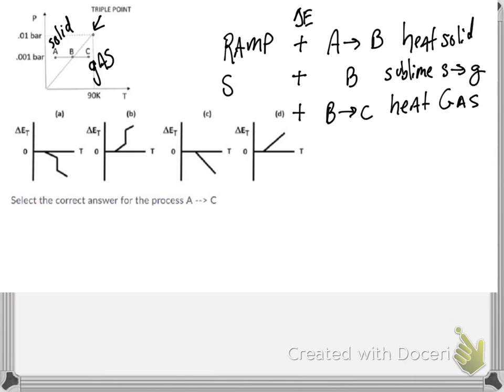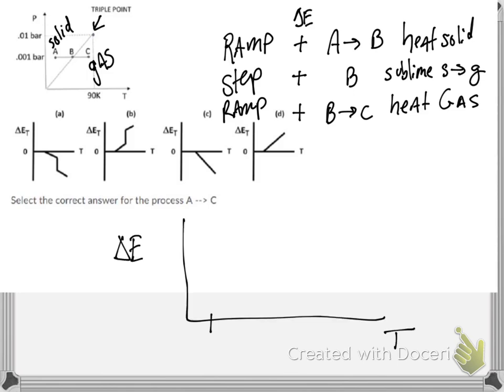The phase change in sublimation, going from solid to gas, is shown as a step, and then a ramp as you heat the gas. So we expect to find an image that starts at the initial temperature of TA.